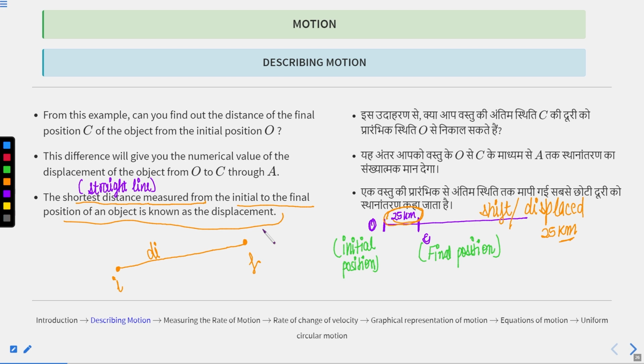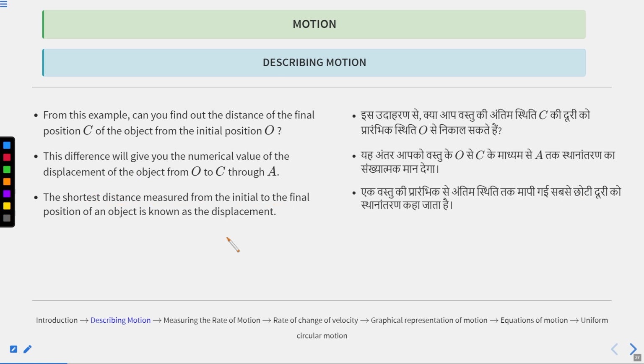That straight line will be the shortest distance between initial and final position, and that distance is known as displacement. Clear, class? So this is the definition of displacement. I hope displacement is clear to you.